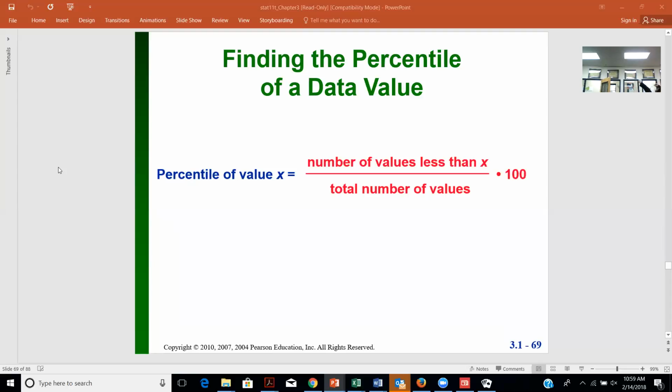We can add this up. We want to calculate X bar. We're going to assume this is a sample.